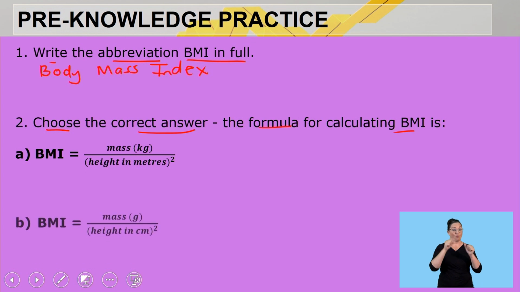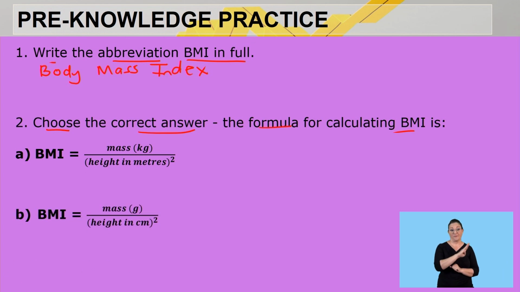Option B, BMI equals your mass in grams divided by your height in centimeters squared. So I'm sure that you'll agree that the first option is indeed the correct formula. Please take note of it. In order for us to calculate body mass index, we use our mass in kilogram divided by our height in meters, and we square that value.